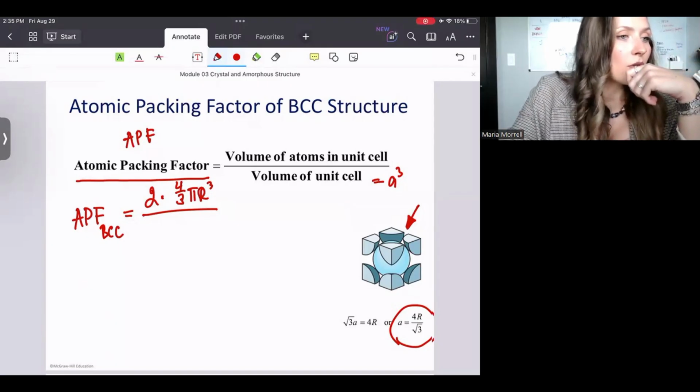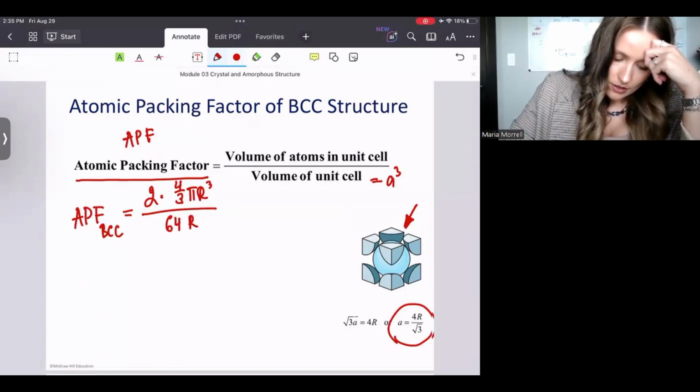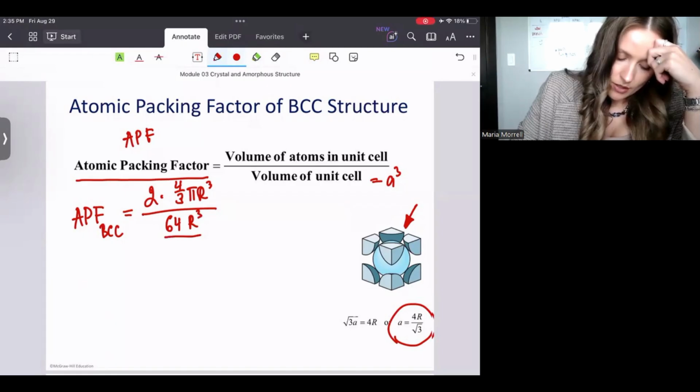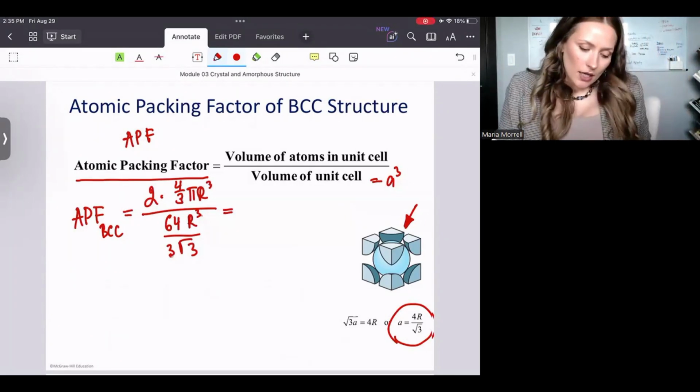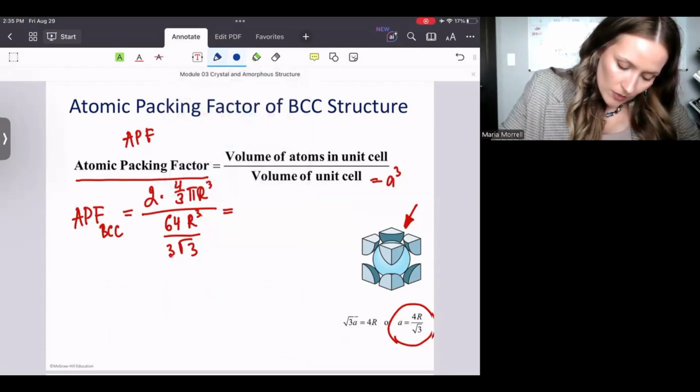4 to the power of 3, that's 64, right? 64 r cube divided by 3 times square root of 3, right? Now, I can probably cancel certain things out. I'll try to keep canceling things out till I can not do that anymore. Now, this cancels out, this cancels out.